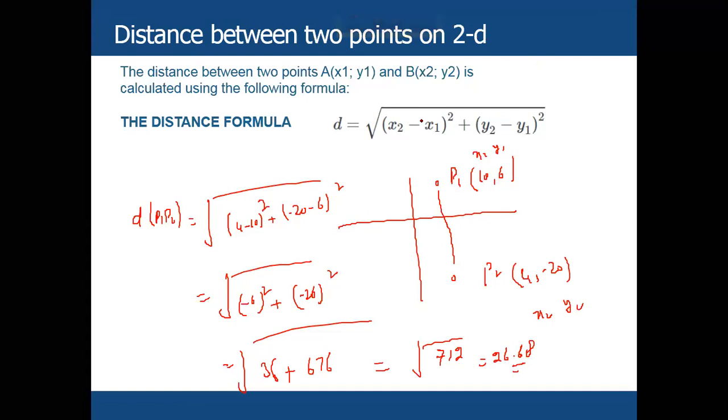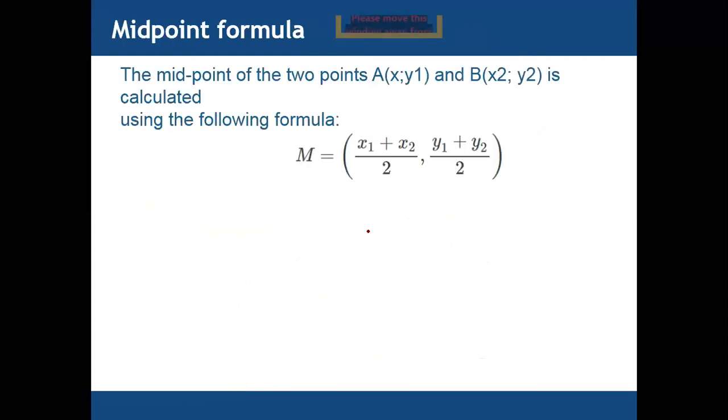That was the distance formula. Next we have the midpoint formula. How can we find the midpoint between 2 points? This is the formula for the midpoint: midpoint is equal to x1 plus x2 divided by 2, y1 plus y2 divided by 2.